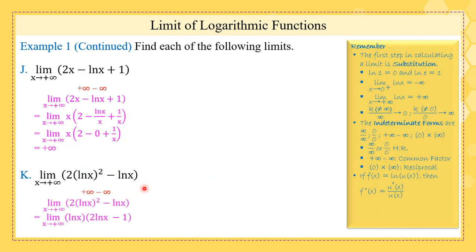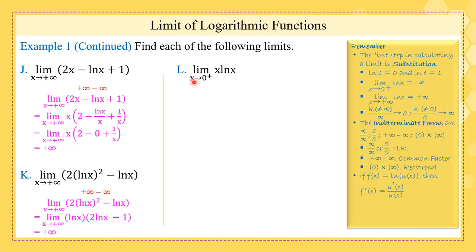If we take ln x in common, we get 2 ln x minus 1, and if we substitute, the first part leads to plus infinity, and the second part also leads to plus infinity, and the final answer would be plus infinity, because we are multiplying 2 plus infinities by one another.